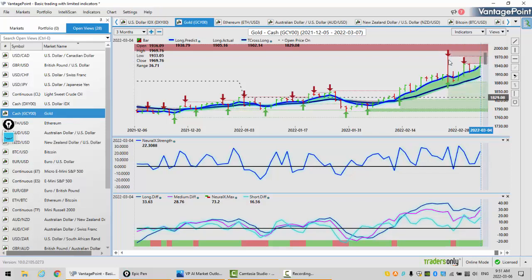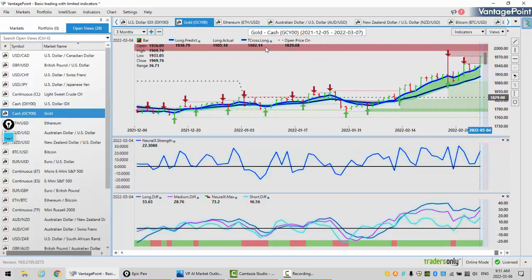But again, if this thing is going to move, then we do need to move above this verified high at 1972. I believe there's a very strong possibility that we can do that. But we also want to keep an eye on our support lows because again, when most people are trying to pick tops and bottoms in the market, one is usually very clear. So we do have a bottom here in gold, the yearly opening price at 1829.